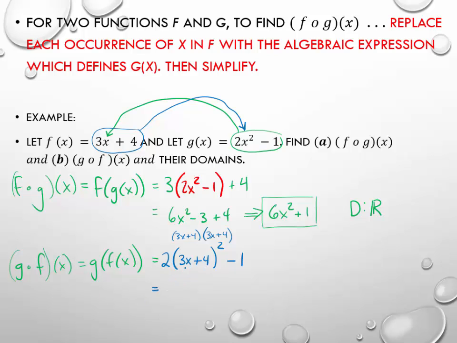Some of us might know that this is a squared plus 2ab plus b squared. That's that perfect square of a binomial. So I know that this is going to be 9x squared plus 4 times 3 times 2, 24x, 4 squared is 16.